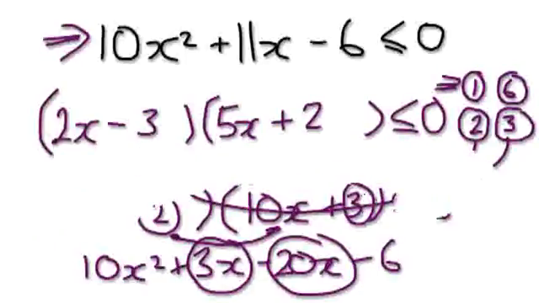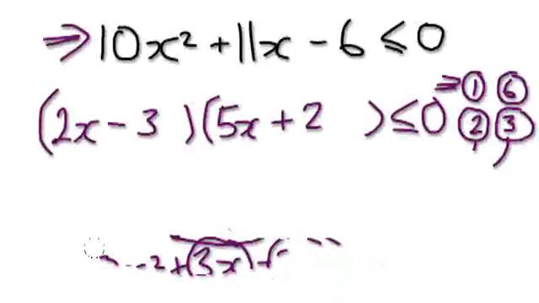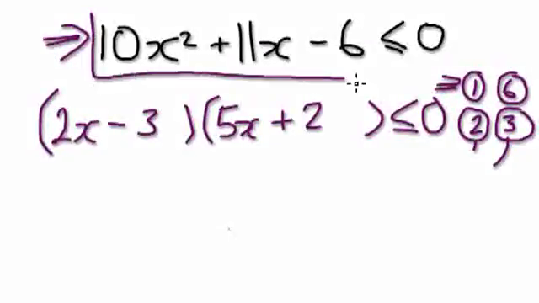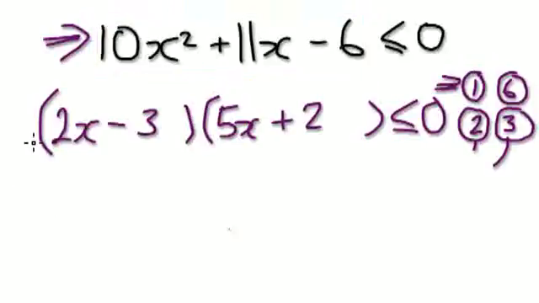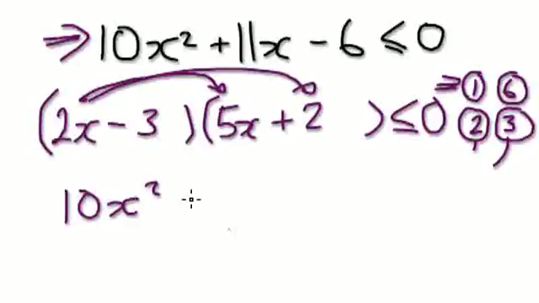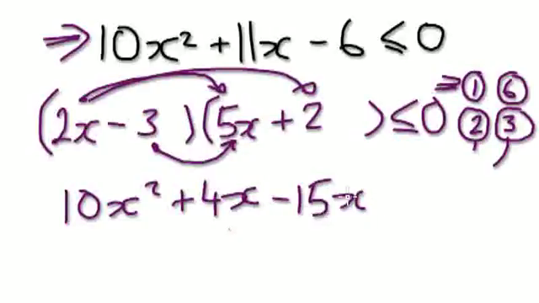Let me just clear up this whole thing. Factorizing this is actually quite tricky, so you just keep on trying. This times this, that will be 10x squared, and then this times this would give us positive 4x, and this times this would give us negative 15x, and then this times this will give us negative 6.